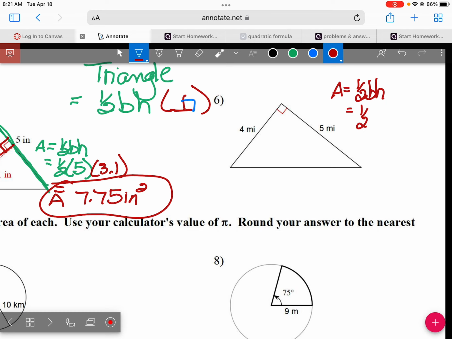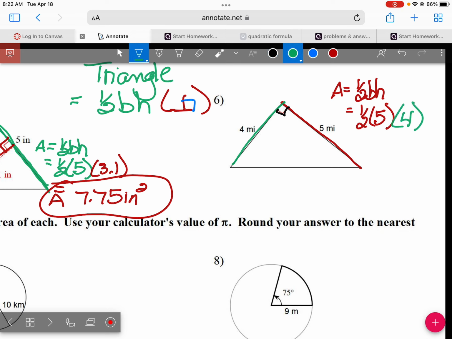Oh, 5? It could be 5, yes. So if I make the base 5, you know how hard it is to draw a straight line? It's hard for me. If my base is 5, what is my height? 4. As long as they are perpendicular, that's okay. And you could rotate it so the 5 would be on the bottom, right?